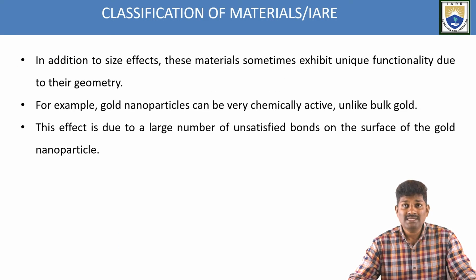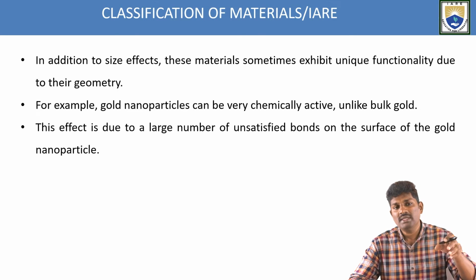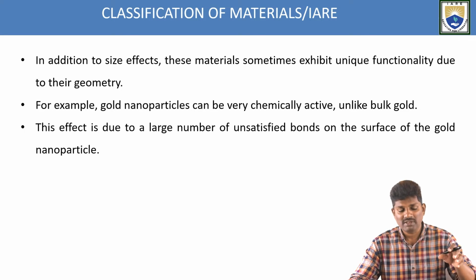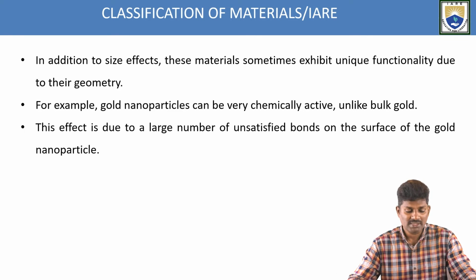In addition to the size, these materials sometimes exhibit unique functionality due to the geometry. Because of the geometry of the nanoparticles, the functionality of the nanoparticles is very high when you compare with the normal things. For example, if you consider gold nanoparticles, they can be very chemically active, unlike bulk gold.